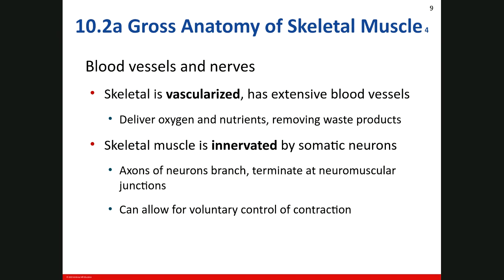Pay attention, between the axon and the skeletal muscle, we have a junction which we call the neuromuscular junction. I will show you this neuromuscular junction in the picture. It allows for voluntary control of contraction.